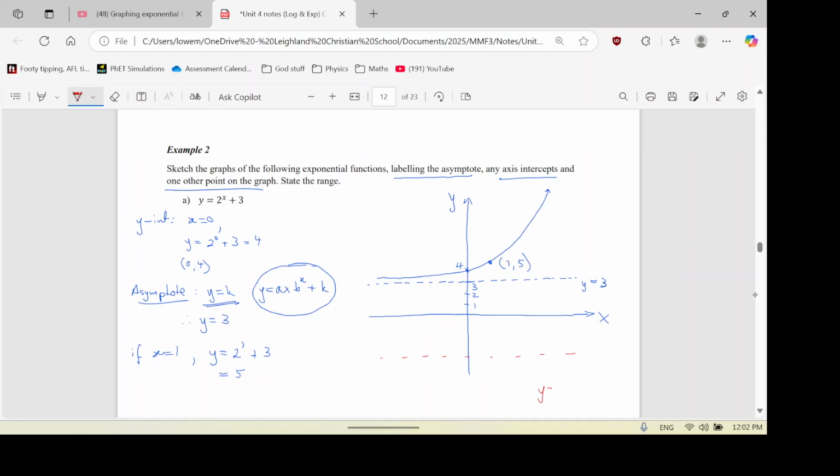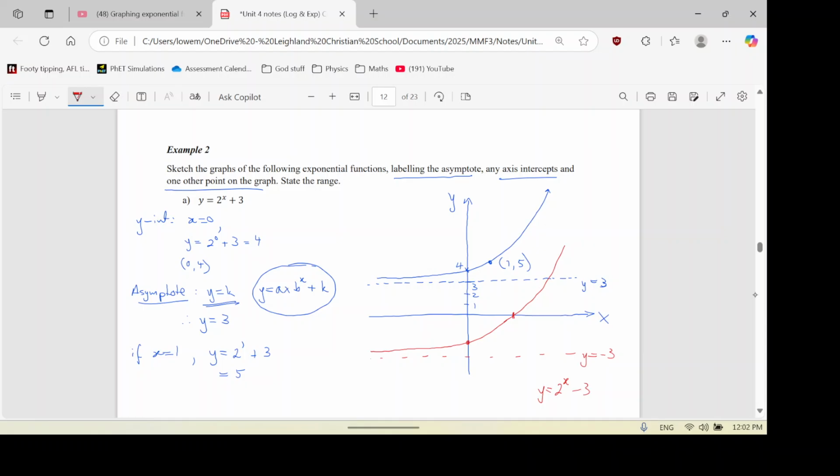It would probably have looked something like that, same shape, but it would have had an x-intercept here, and a different y-intercept, of course, and the other point would have been different. Our horizontal asymptote would have been y equals negative 3, and it would have been graphed like that. And so in that case, we would have needed both the y and x-intercepts. So you need to look and determine if you need an x-intercept or not. Sometimes you will, sometimes you won't.